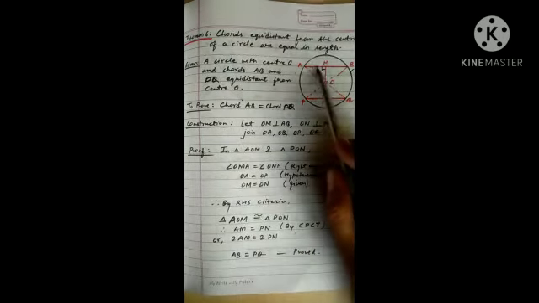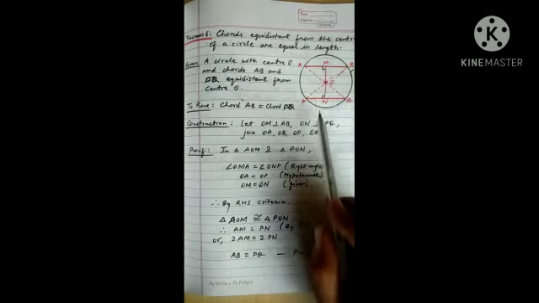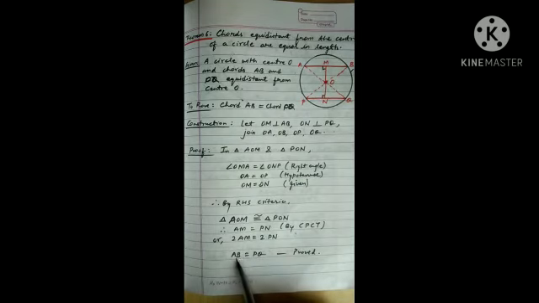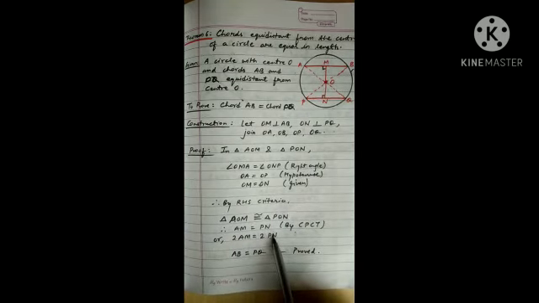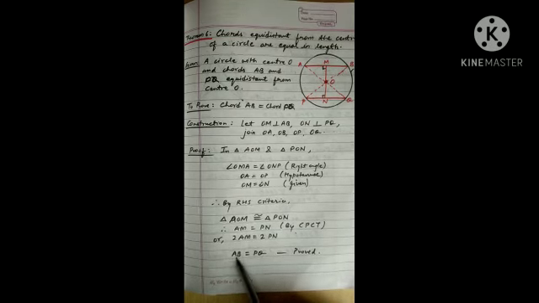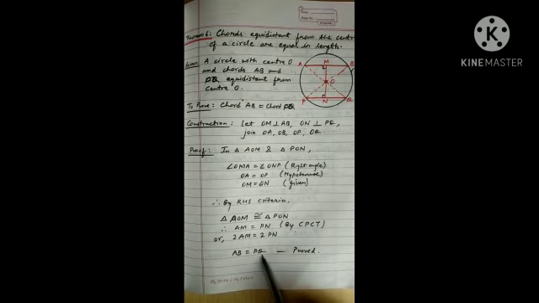Twice of AM is AB and twice of PN is PQ. So AB equals PQ. This is proved according to the question: both the chords are equal if their distance from the center is the same. Thank you.